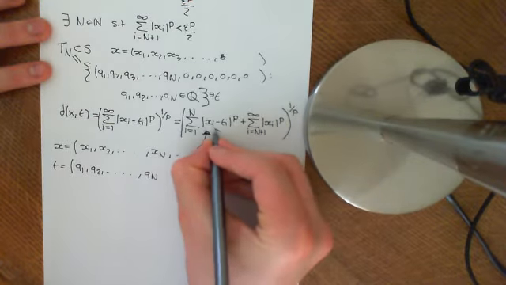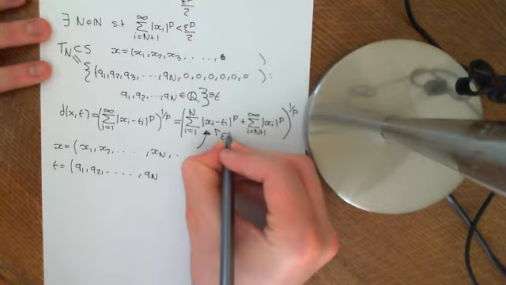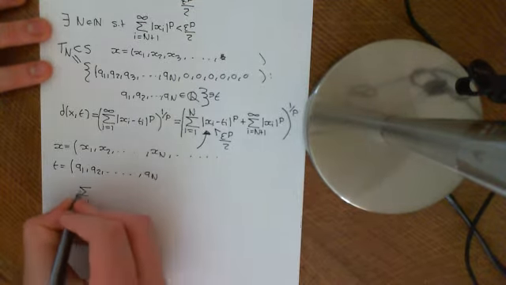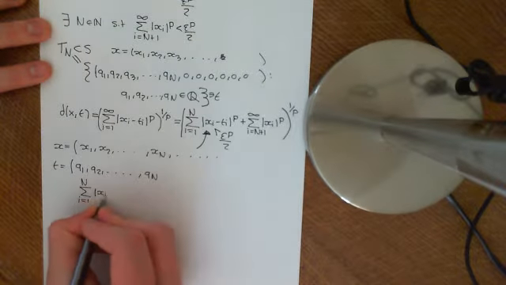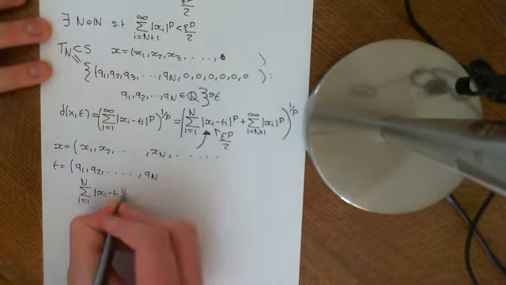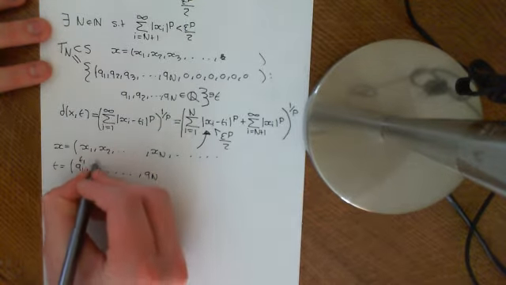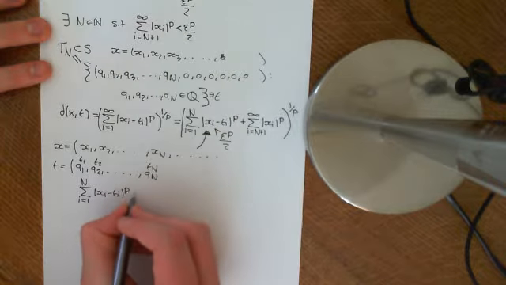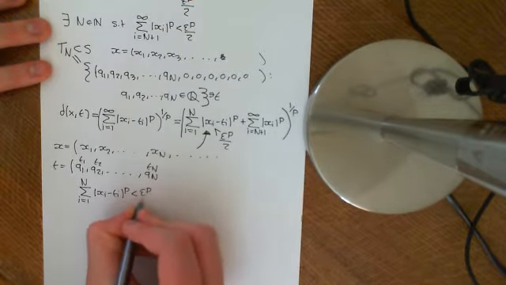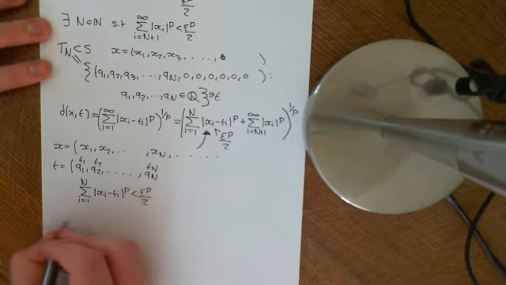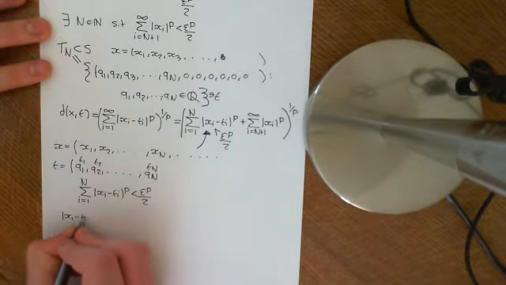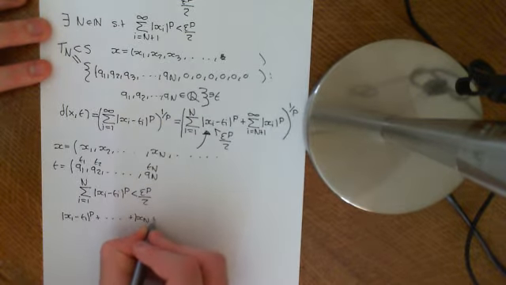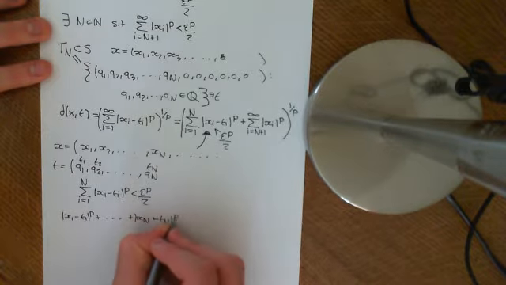So I want to make this sum less than epsilon to the p over 2. So what I want to do is make the sum from i equals 1 to n of the modulus of x_i minus t_i to the power of p, and I just want to emphasize q_1 is t_1, q_2 is t_2, q_n is t_n, etc. I want to be able to make this less than epsilon to the p over 2, and the reason you can do this is that it's a finite sum: the modulus of x_1 minus t_1 to the p, plus all the way up to the modulus of x_N minus t_N to the power of p.